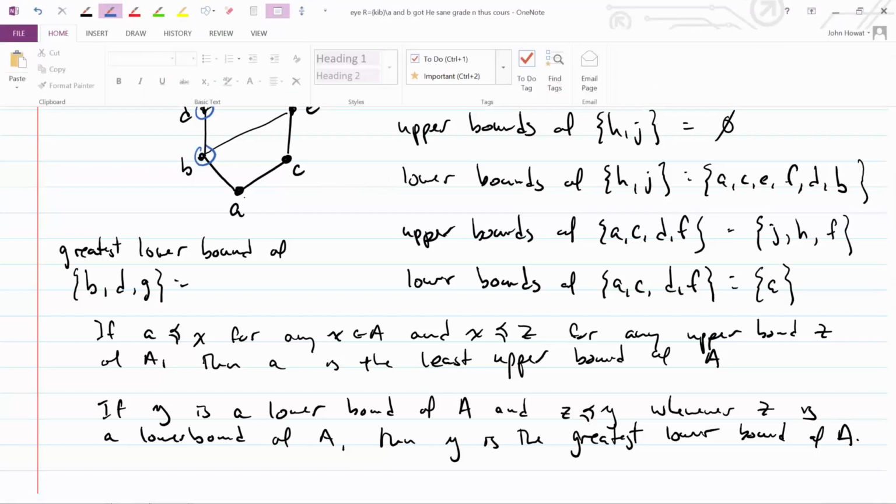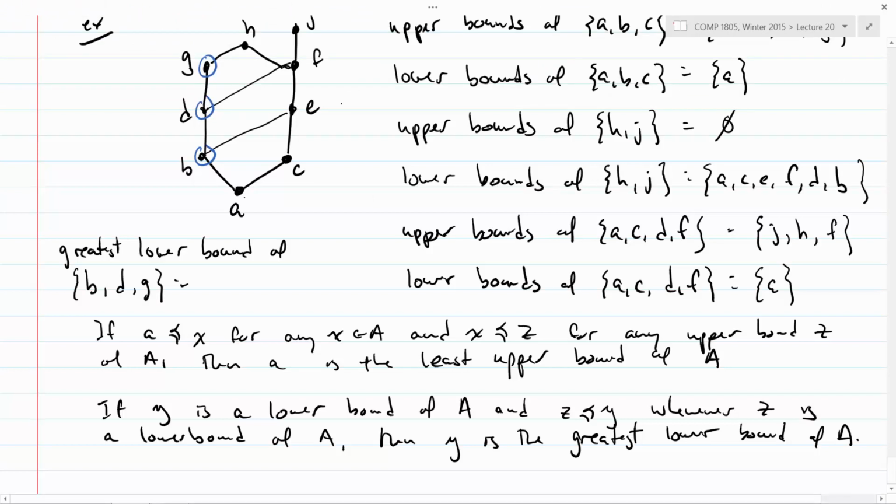B, D, G. What is the greatest lower bound of B, D, G? B. What are all the lower bounds? B and A are the lower bounds. The greatest lower bound is B. Okay, so lower bounds are A and B.